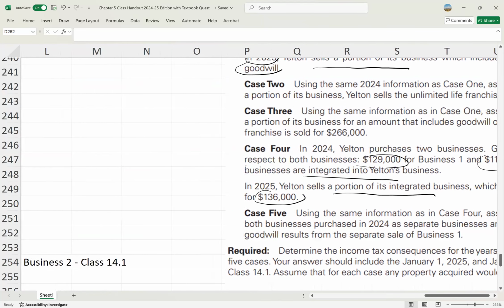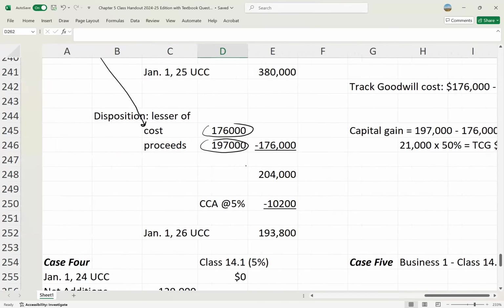So once again, looking at case 4, they sold part of their business, and included in that sale was a payment that they got for goodwill.